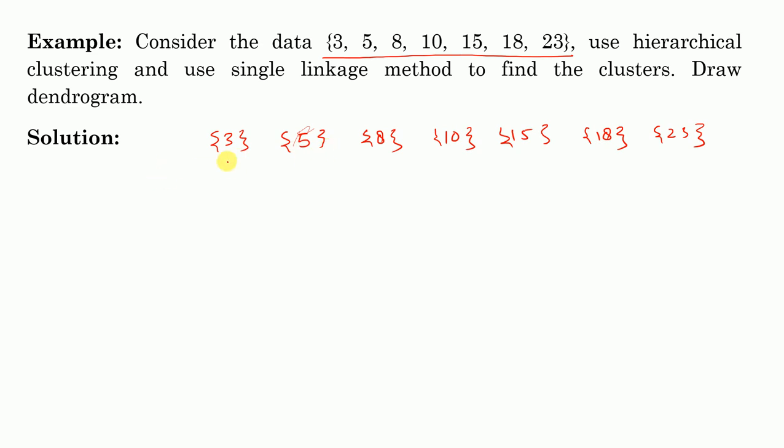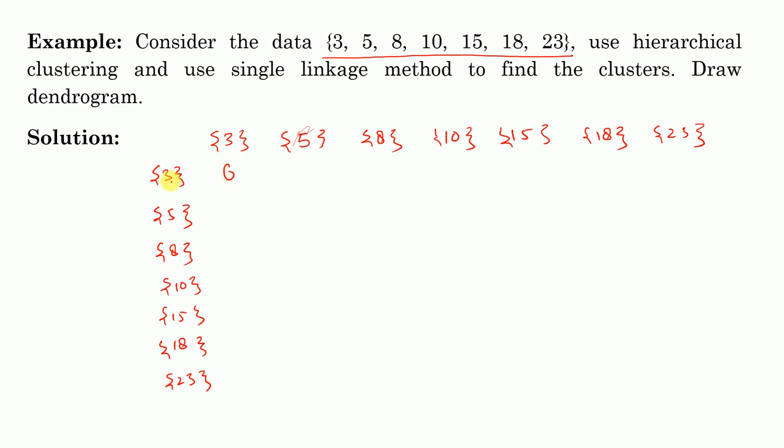So every pair of clusters. Here we can form a distance matrix like this. Here we write 3, 5, 8, 10, 15, 18 and 23. For the same cluster, distance obviously is 0.